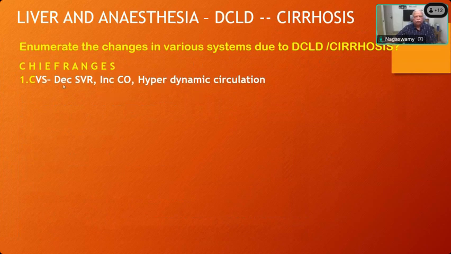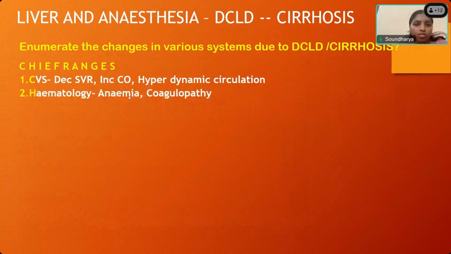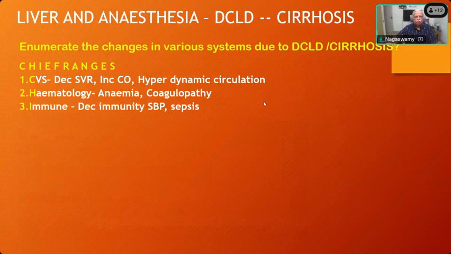What about H? Can you guess what could be the H? Hematology. So it could be anemia or coagulopathy. What about I? Immune, decreased immunity, producing spontaneous bacterial peritonitis, or patients easily going for sepsis. And E is electrolyte imbalance.